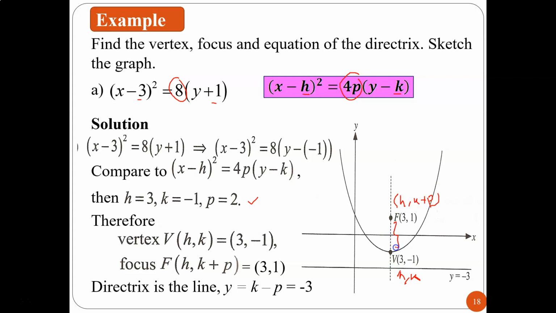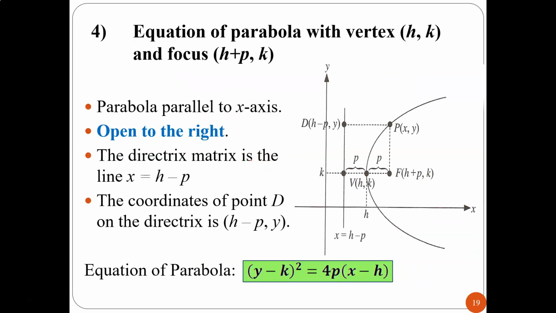So p itu adalah dekat sini. This is your p. Okay. And this is your directrix. Okay, that is the third case.